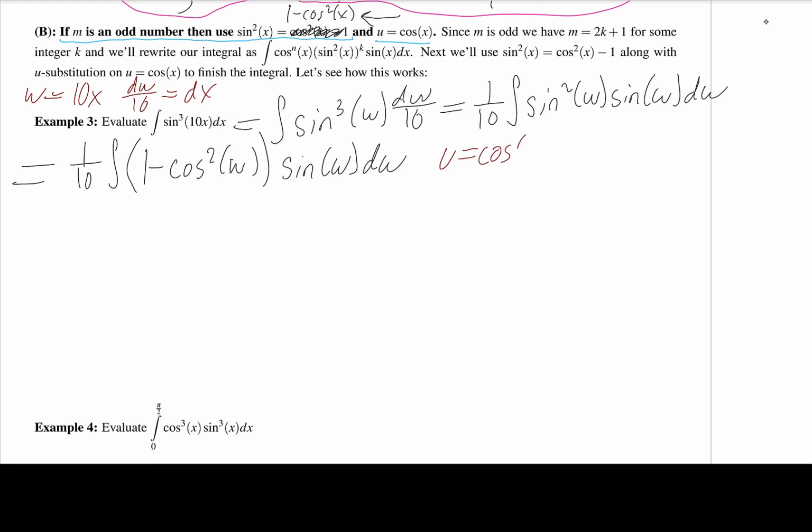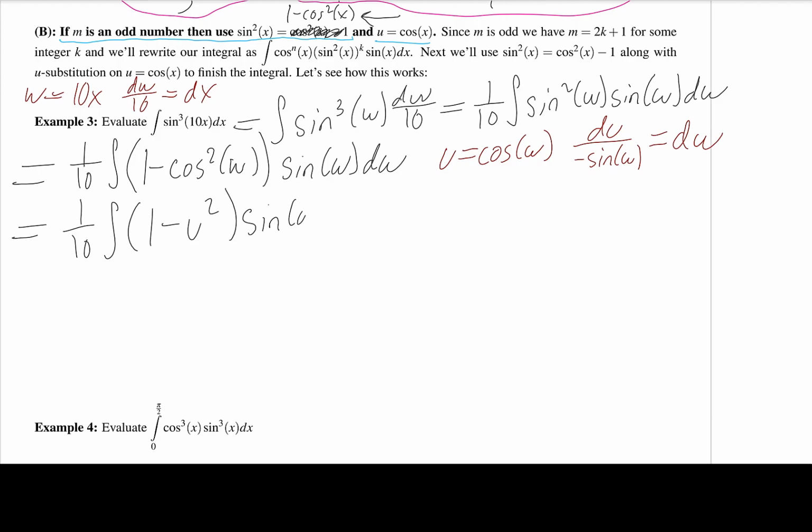So u equals cosine of w, which means that du over negative sine of w is equal to dw. So then this becomes 1/10 times the integral of 1 minus u squared times sine of w, and dw is du over negative sine of w.